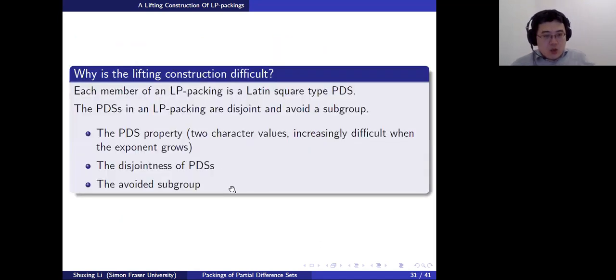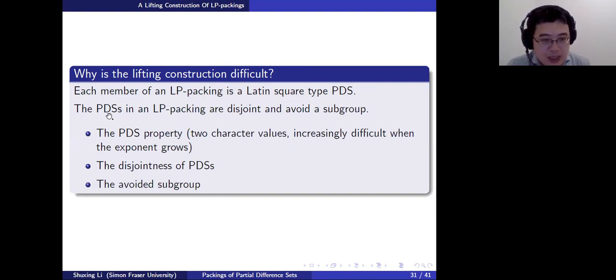So why is the lifting construction difficult? Let's recall that each member of an LP packing is a Latin square PDS. As the exponent of groups grows, the construction of PDS becomes really, really difficult.